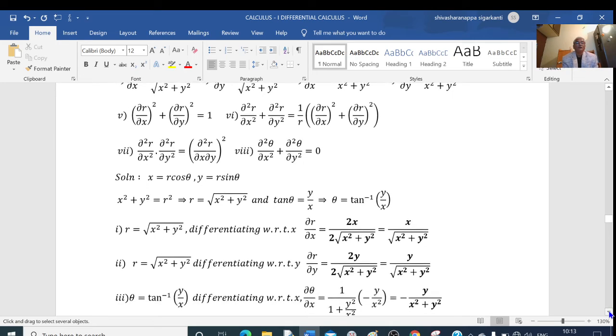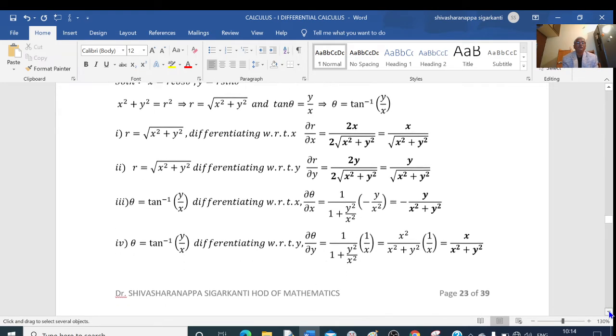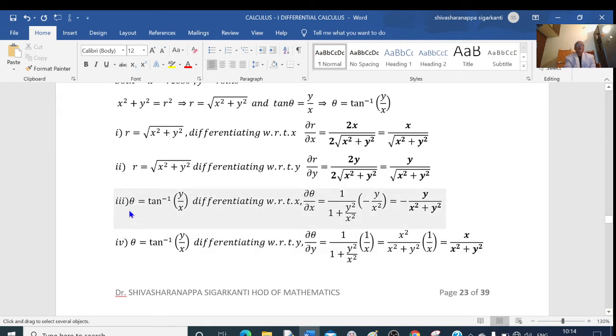Next, ∂θ/∂x and ∂θ/∂y. We have θ equal to tan inverse of y by x. Differentiating this with respect to x, we get the tan inverse derivative, 1 by 1 + (y/x)², that is y²/x², into, as we are differentiating with respect to x, y is a constant quantity, the derivative of 1 by x is minus 1 by x².